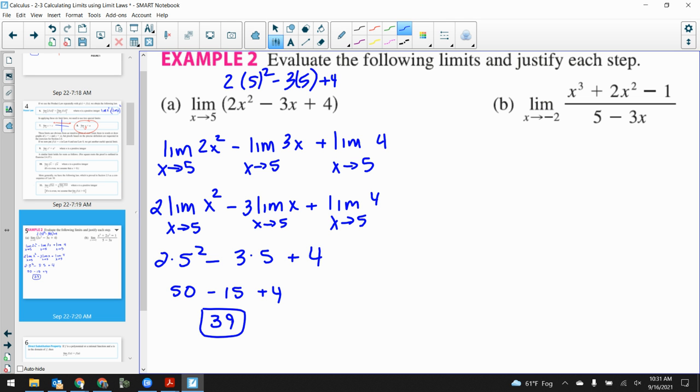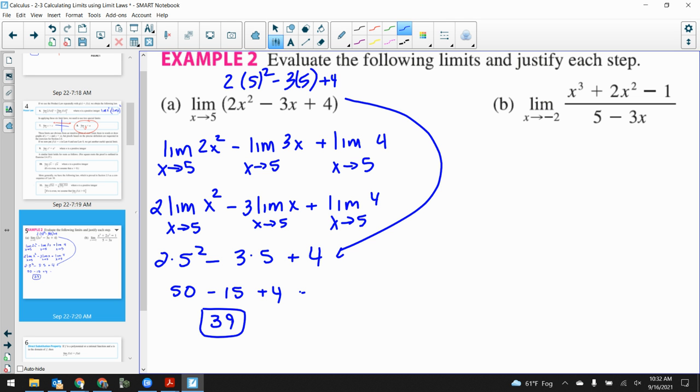No. What would I get if I plugged in 5? 50 minus 15 plus 4. The exact same step as we get right there, right? So while it's good to know why this works, in the end, I'm going to expect you to go from here to here. Okay? That's what I'm going to expect.